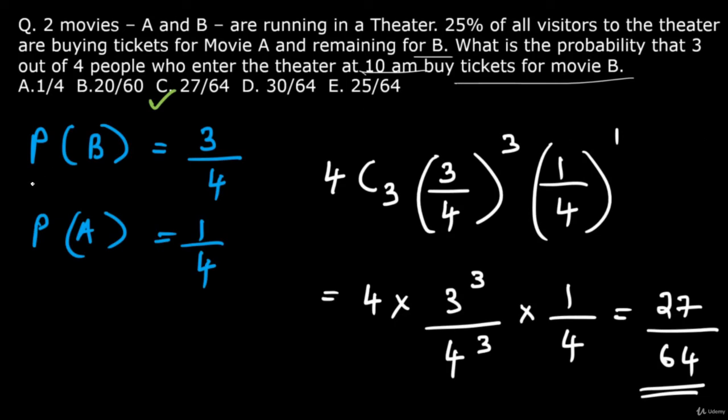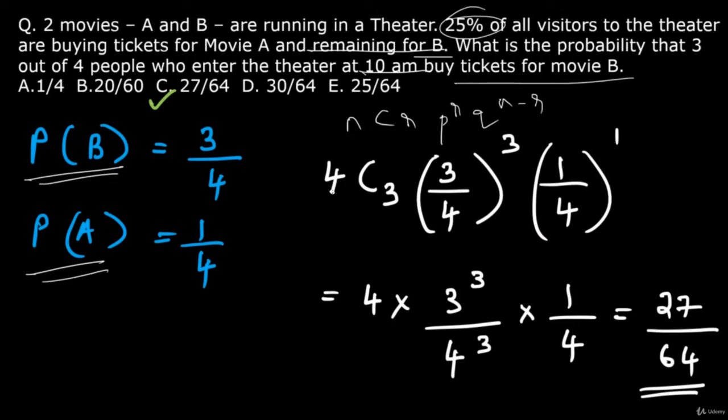Now, it's given that the probability for somebody to buy a ticket for movie B is 3 by 4 and probability for A is 1 by 4, right? Because it's mentioned that 25% of the visitors buy tickets for A and 75% buy for B, because the remaining buy it for B. Alright, now over here we need to find that 3 out of 4 people buy tickets for movie B. So this is a clear application of nCr p to the power r q to the power n minus r. n is equal to 4, r is equal to 3, p is equal to 3 by 4 and q is equal to 1 by 4, and over here that's 4C3 into 3 by 4 to the power 3 into 1 by 4 to the power 1.